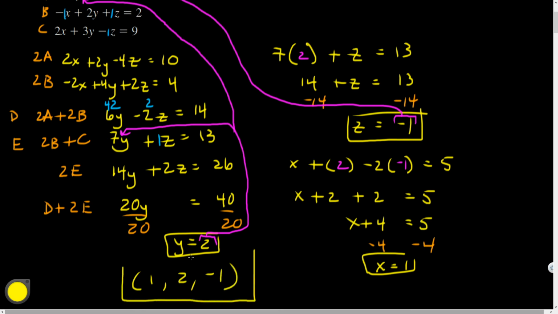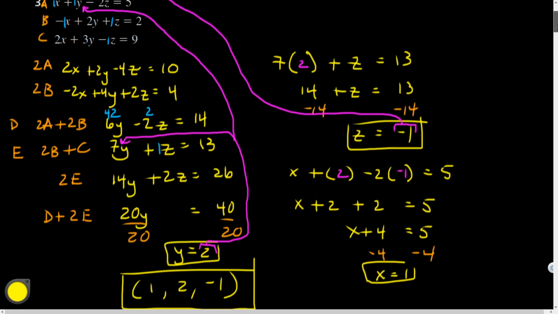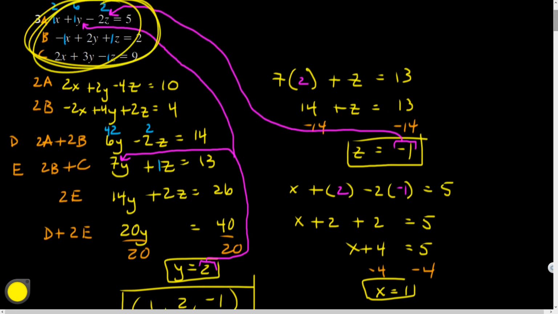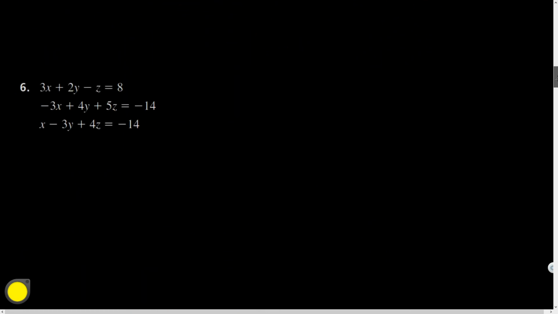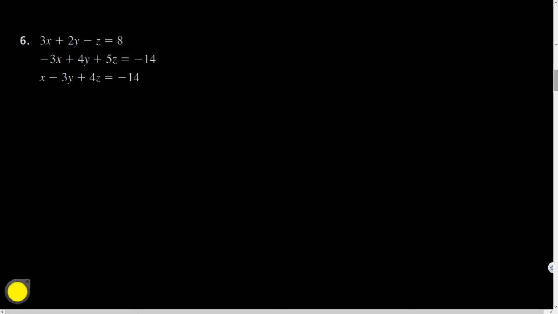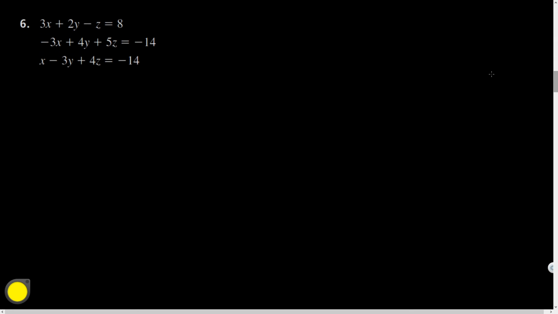So that's my ordered triple, the combination where if I plug in 1, 2, and negative 1, it will make each of these equations true, which at this point I'm not going to ask you to do a check. But to do a check, you would have had to plug it into all three, and it needs to work in all three of them. Ugh, no thanks. All right, here's equation or problem 6.